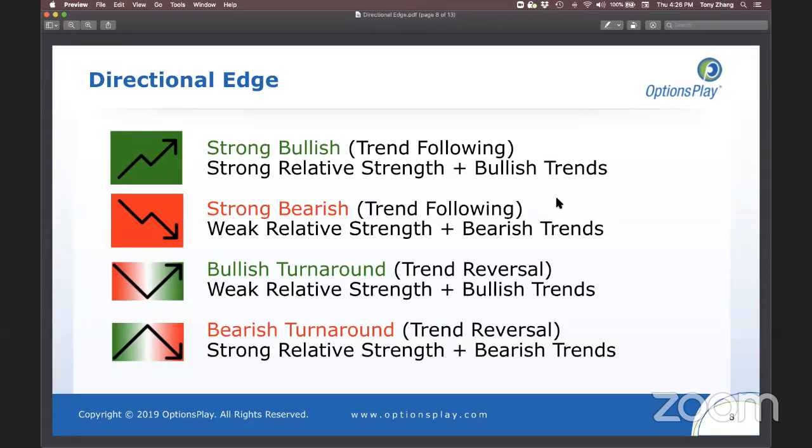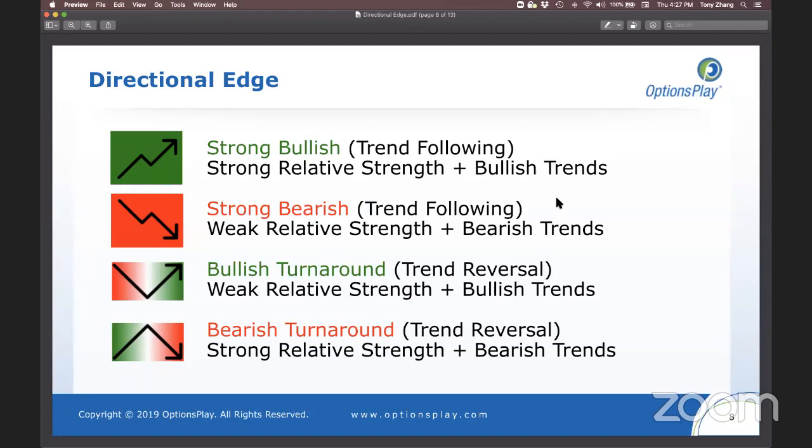So both the relative strength, meaning outperforming the overall market, and the stock is trending higher. These are your primary bullish candidates. Conversely, on the bearish side, these are stocks with weak relative strength, so stocks that are underperforming the overall market, and they're also at the same time exhibiting bearish trends. So generally speaking, these are candidates for strong bearish ideas.